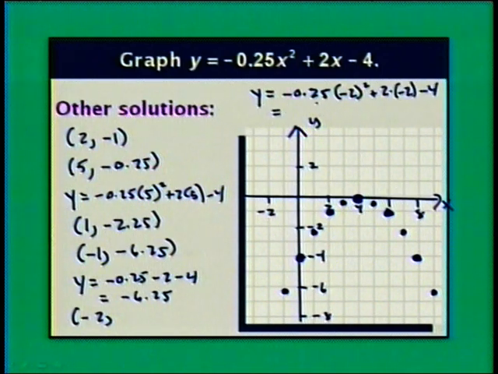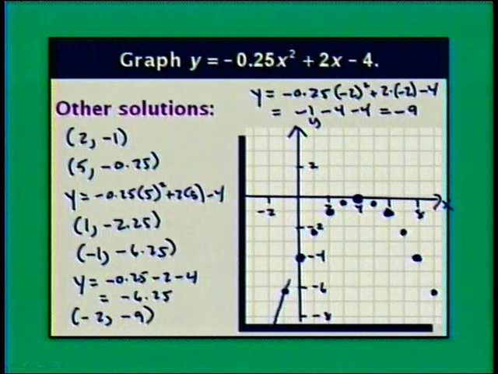So I have negative 1/4 of 4, so that's negative 1, minus 4 is negative 9. Kind of messy finding all of these solutions. (-2, -9) is on the graph of the parabola, but that's going to be kind of right off my grid down here. So I think I have enough points to get a fairly good sketch of this parabola.